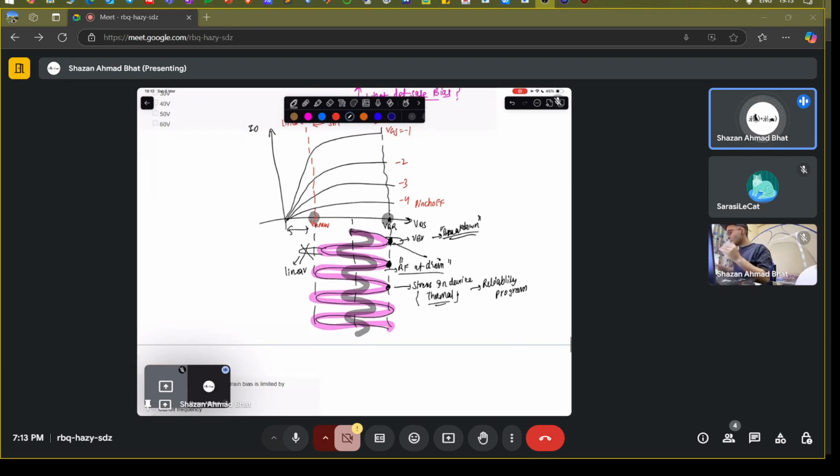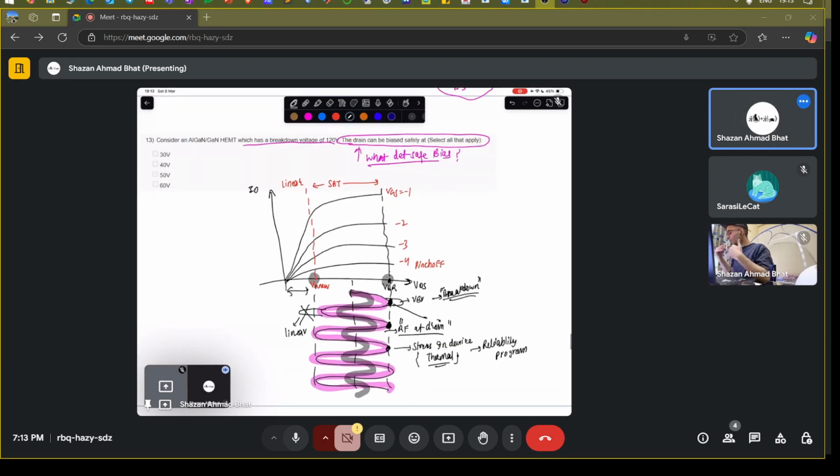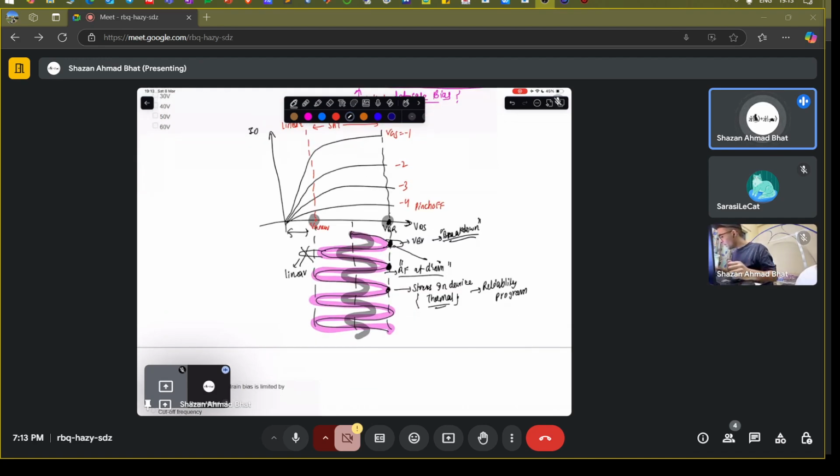Okay, so the approximate limit is that the drain bias should be less than half of the breakdown voltage. If this is the breakdown voltage, it should be swinging around this value, which is almost VBR divided by 2. So your drain voltage should be less than VBR divided by 2.